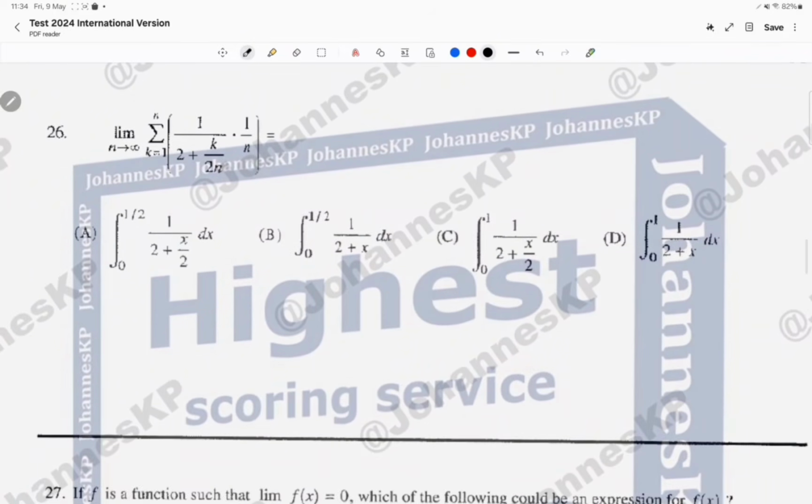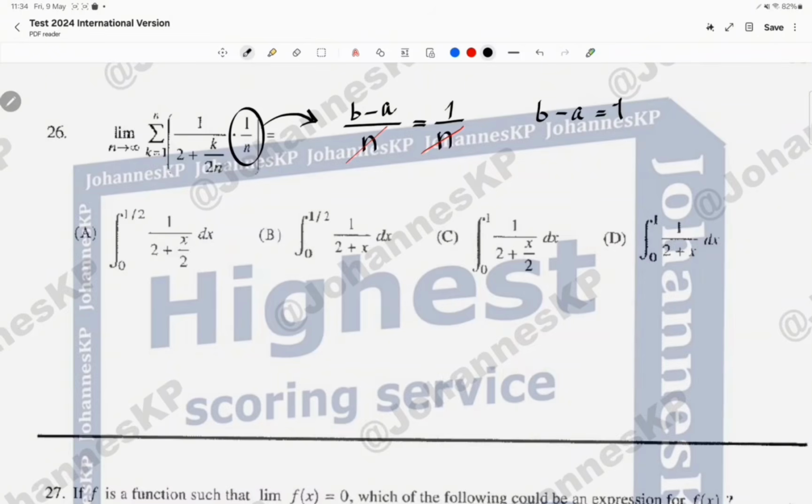26. This is called the Riemann sum notation. I'm assuming you've not reached there yet. You take the 1 over n and you equalize it to b minus a over n. So if you cancel the n with the n, you're left with b minus a equal to 1.